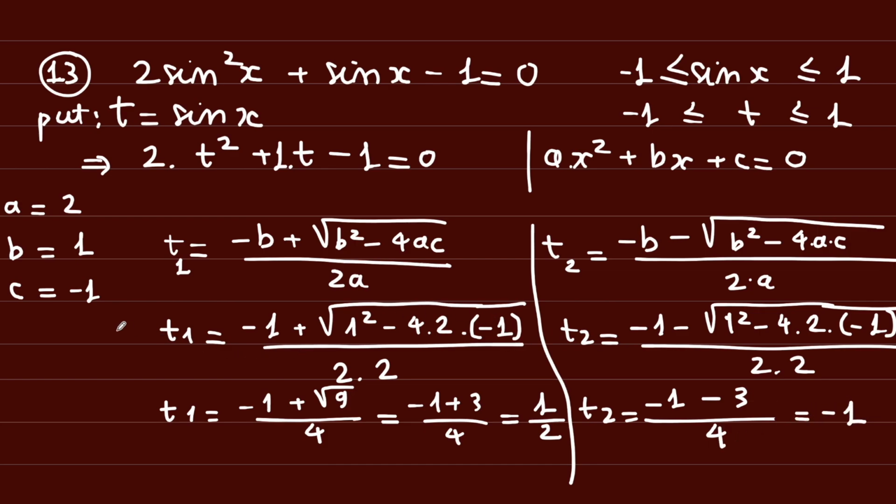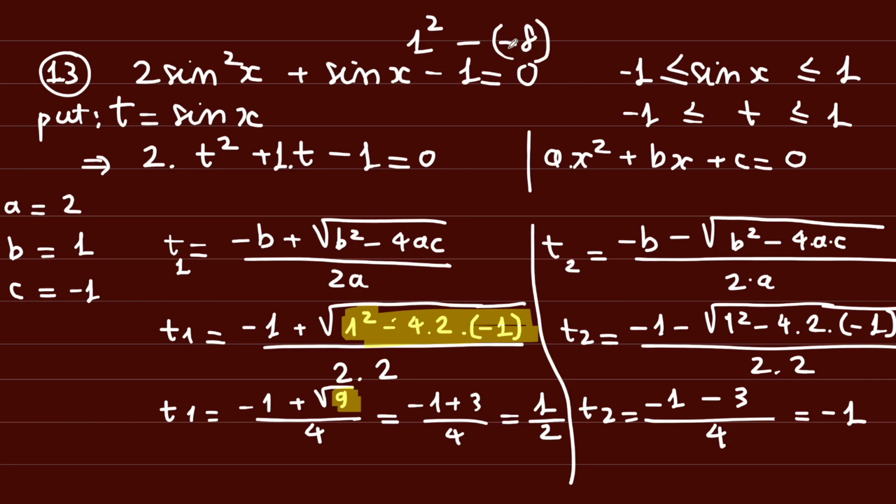Okay, so I want to highlight this expression. We need to understand that 1 squared minus 4 times 2 times minus 1 equals 9. Why? Because 4 times 2 times minus 1 is minus 8.